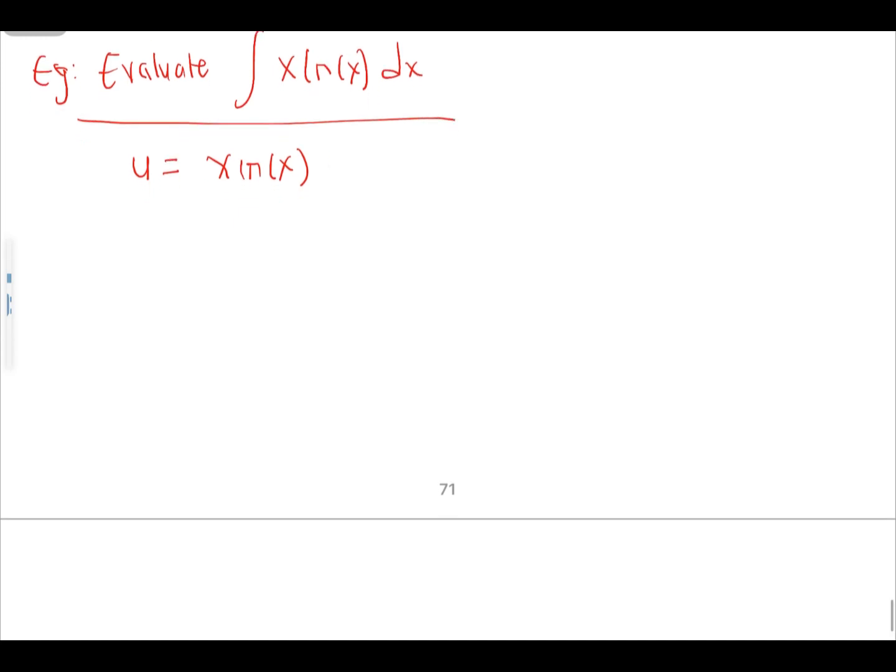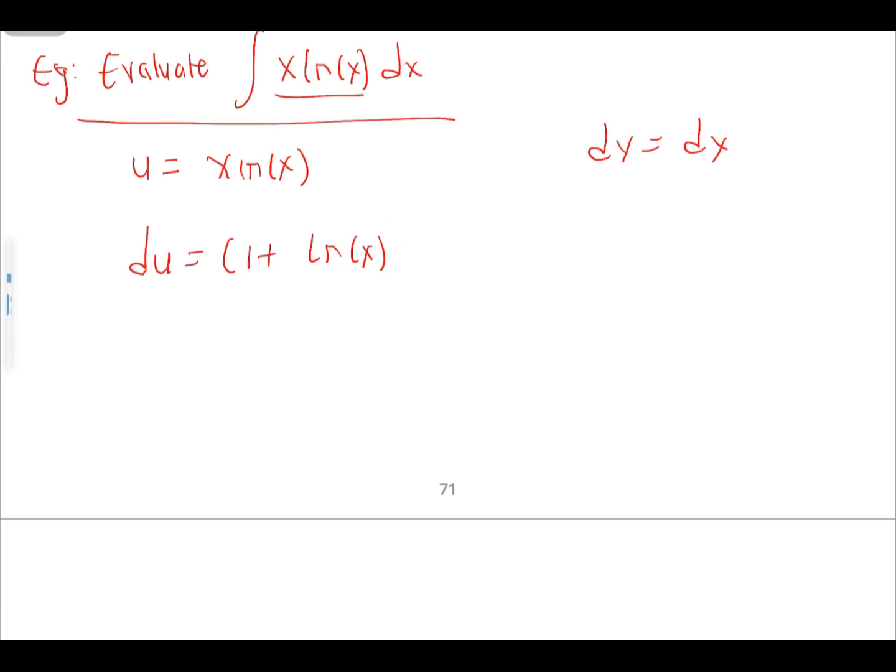And therefore our dv was assigned as dx, because when we take everything here as u, then the rest will be dx, or 1 dx. If you have not watched the previous tutorial, please go and watch it. We were able to come out with du equal to 1 plus ln x dx by using the product rule to find du.